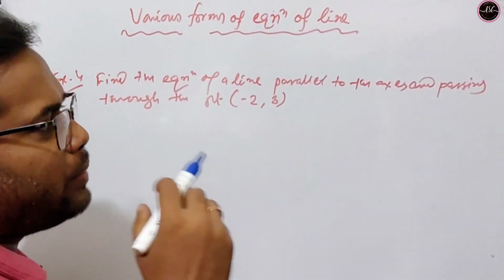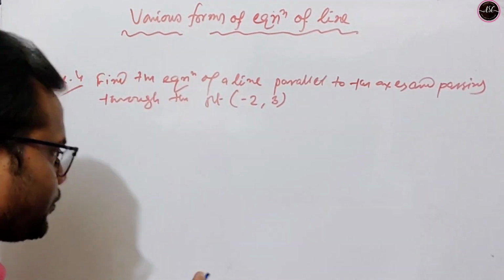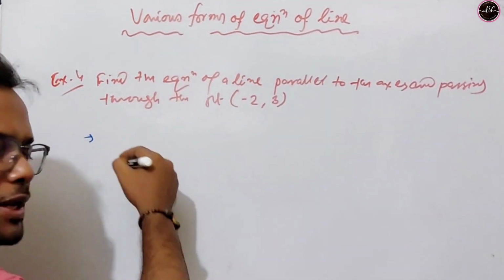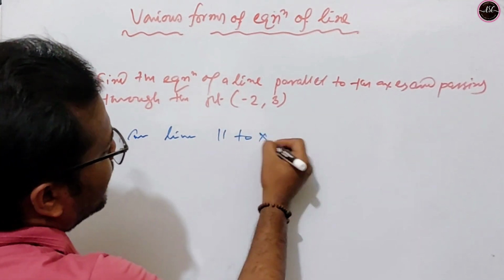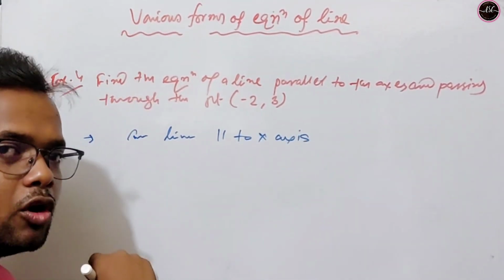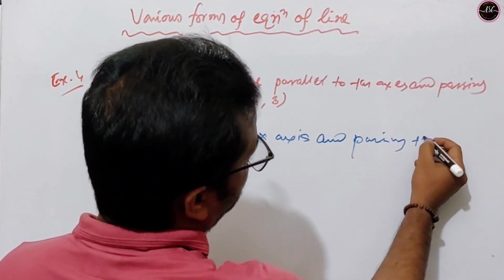Let's look at this example. Find the equation of the line parallel to axis passing through the point minus 2, 3. We have learned previously the line parallel to x axis.